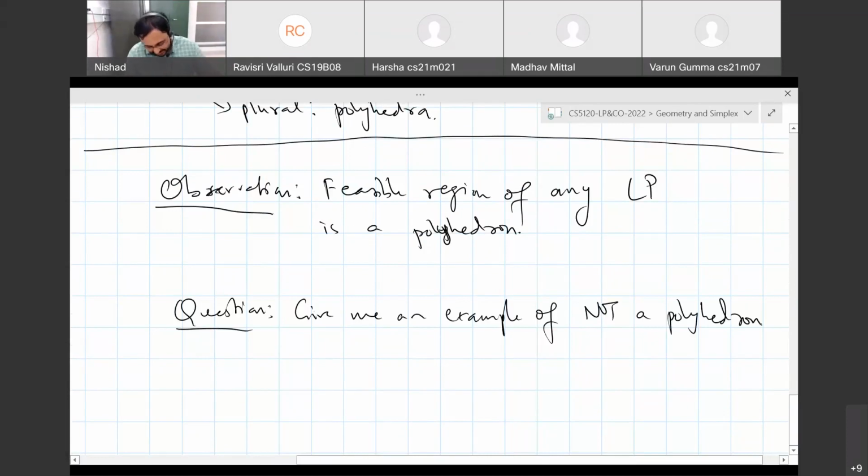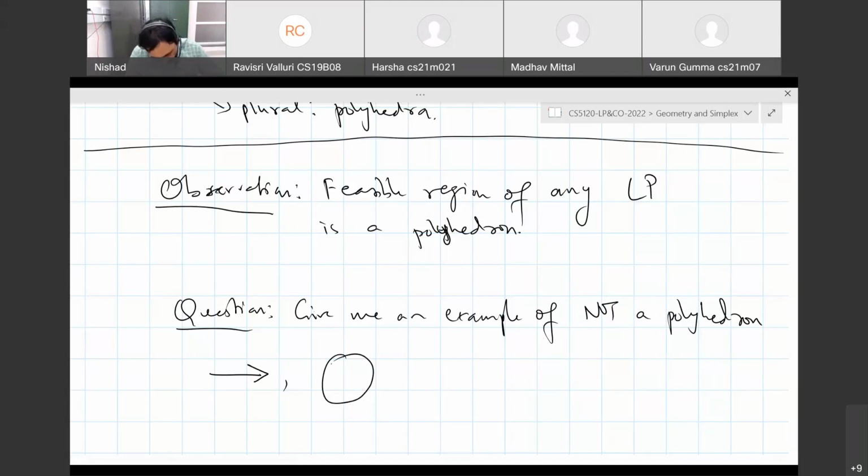Arrow shape, yeah. A circle. Circle. I was actually looking for something along those lines, because it is a convex object. If you have read about convexity, I'm pretty sure you've seen that a circle is a convex object. It satisfies most of the properties of a polyhedron, but it's not a polyhedron because you would need infinitely many constraints to describe a circle.